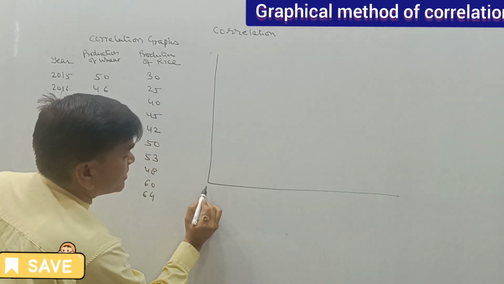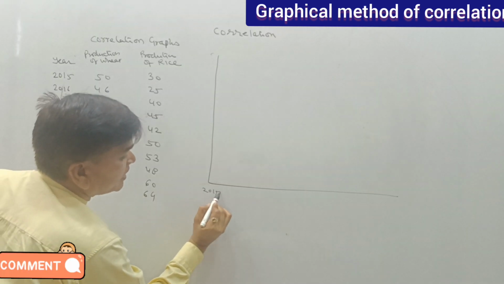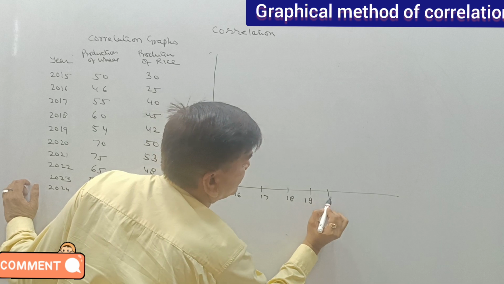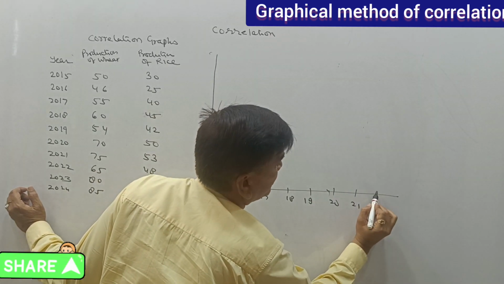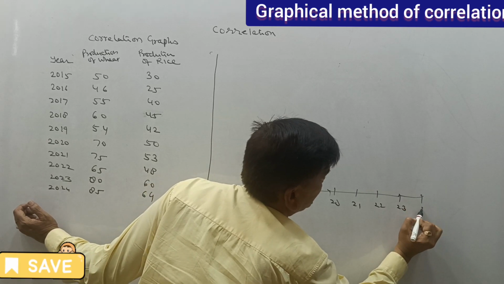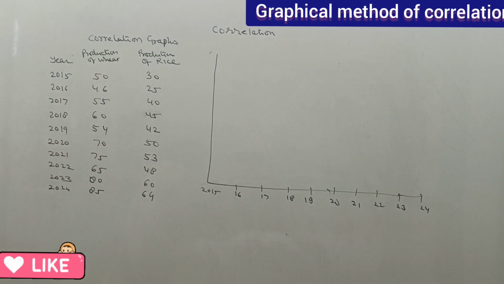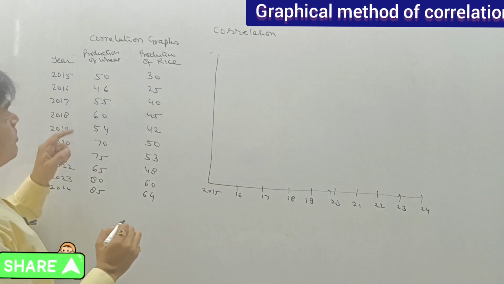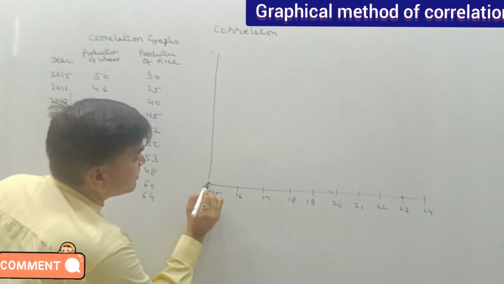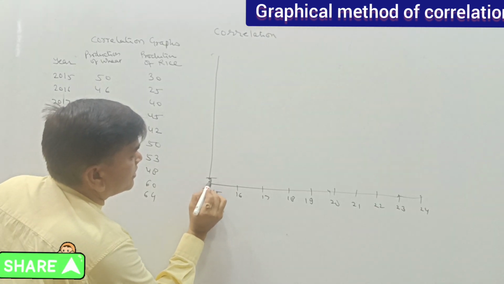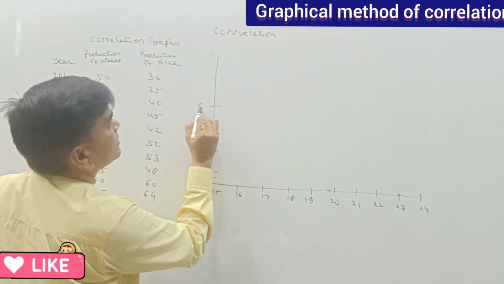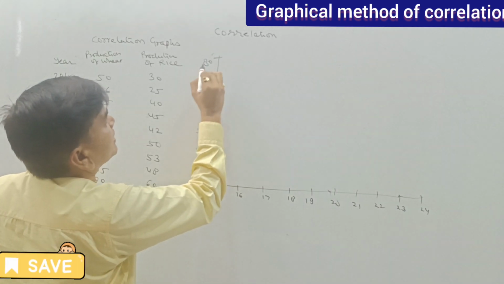This is the origin, that is 2015, 16, 17, 18, 19, 20, 21, 22, 23 and the last one, 2024. The minimum value is 30, so we are starting from 30: 30, 40, 50, 60, 70, 80.